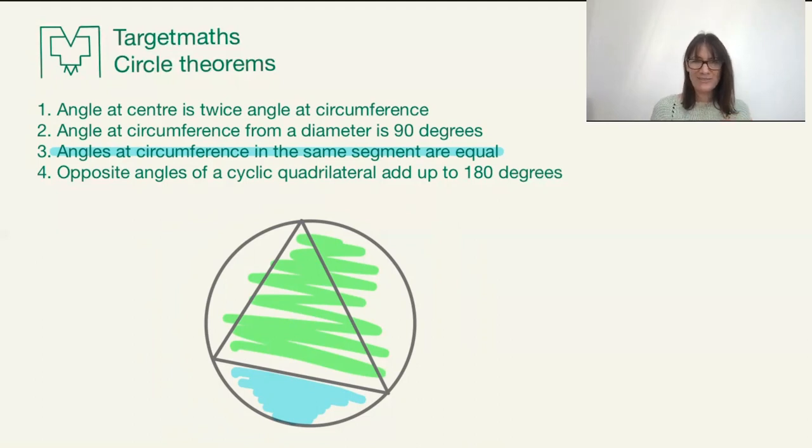If it was drawn from the diameter, it would be 90 degrees, but it's drawn from a chord, and I can clearly see that that 90 degrees is now lost, and it is another angle size. If I choose to go to another point, so let's say over here, I have created two angles at the circumference in the same segment, which means those two angles are equal. So if that's X, that's X.